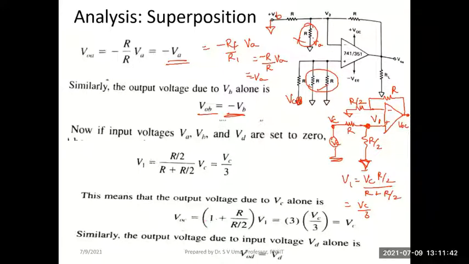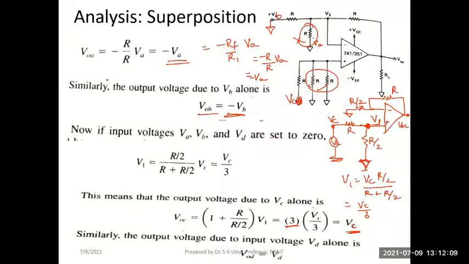So the gain is 1 plus R divided by R by 2 into the input voltage at the non-inverting terminal, that is V1. What is the input voltage at the non-inverting terminal? VC by 3, and 1 plus R by 2 will result in the value 3. So the final output voltage which I get when VC is active is VC itself. You will get the same voltage.